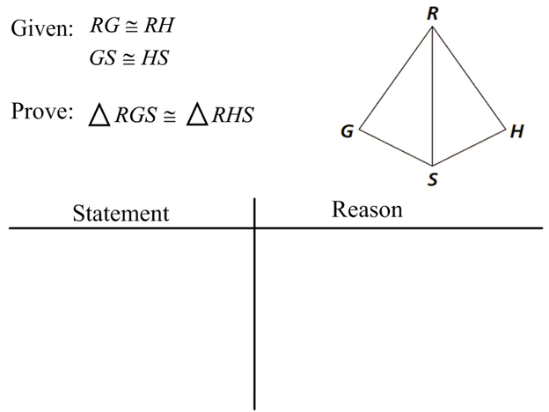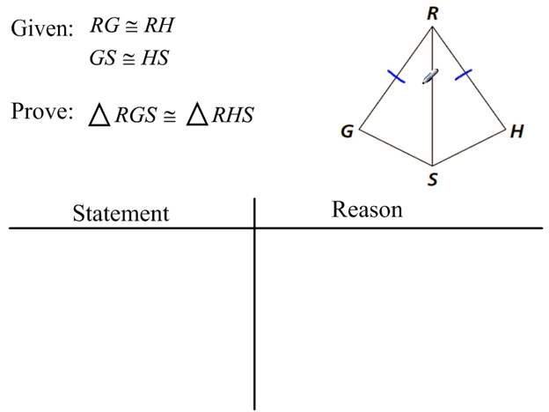So it says given RG is congruent to RH, GS is congruent to HS. Prove that triangle RGS is congruent to triangle RHS. So we are given that line RG is congruent to line RH.